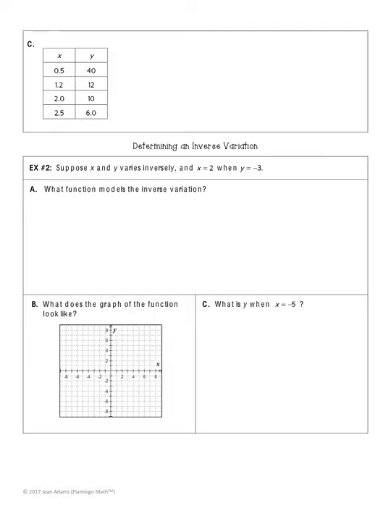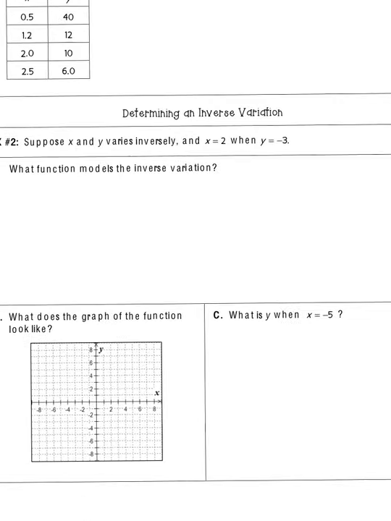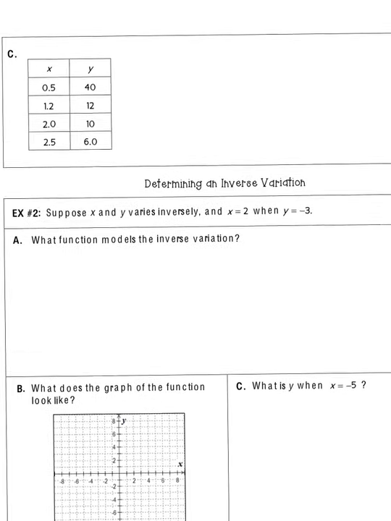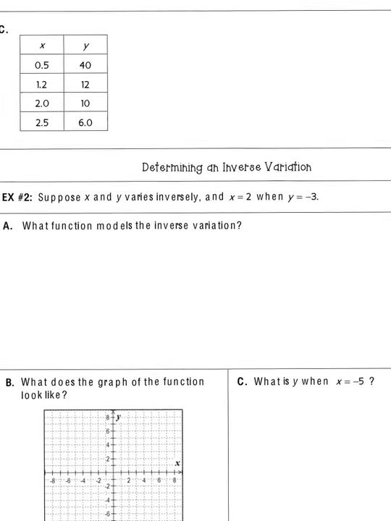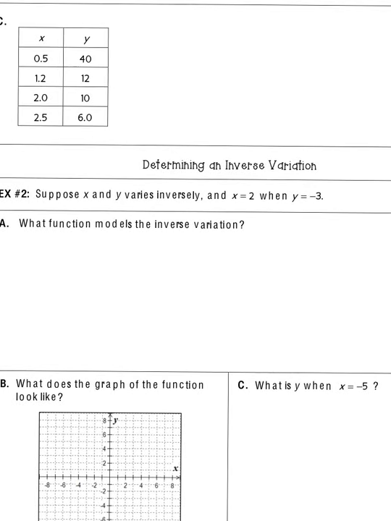So part C, I want you to do the same thing. Pause the video, divide and multiply, and see if you come up with direct, indirect, or neither. All right, so if I divide, I'm going to do a list here of y divided by x equals k.